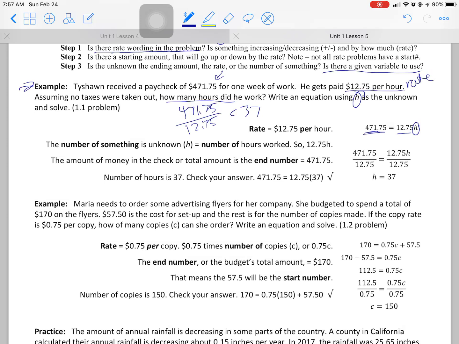So it's that rate, $12.75 the rate, times the number of hours will give you his final paycheck. So this is the setup for that. You divide to get rid of this part. You end up with a problem that looks like the one you were working on, and your final answer is H equals 37. Okay?